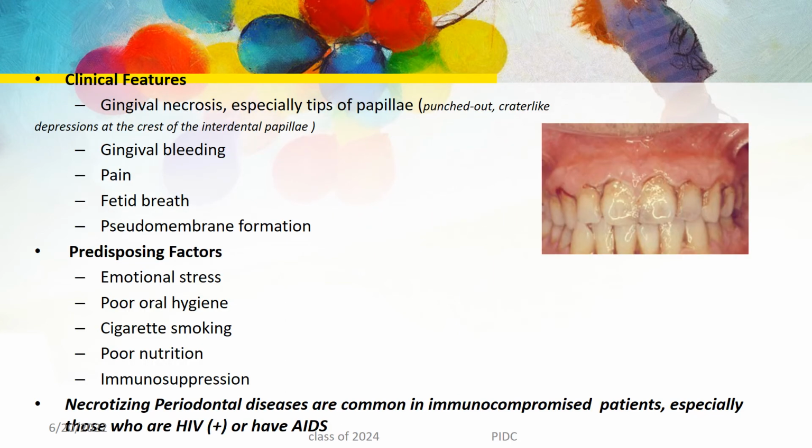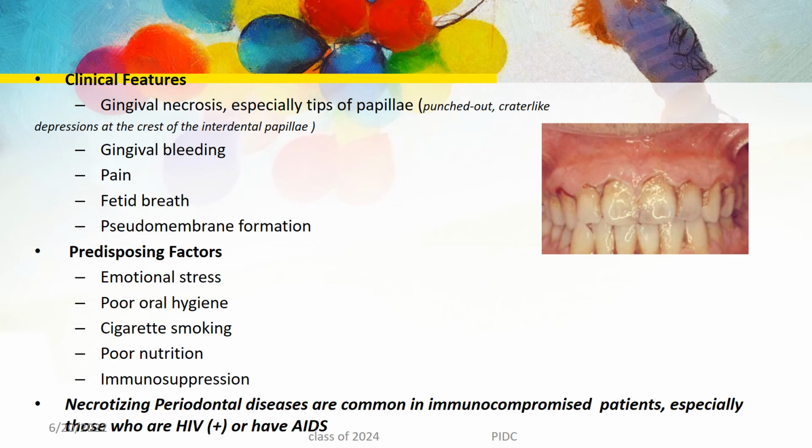Clinically, you could see a little gingival necrosis taking place at the tips of the interdental papilla, and this is termed, to reiterate, punched out crater-like depressions seen at the crest of the interdental papilla. There could be gingival bleeding, pain, fetid breath along with pseudomembrane formation.